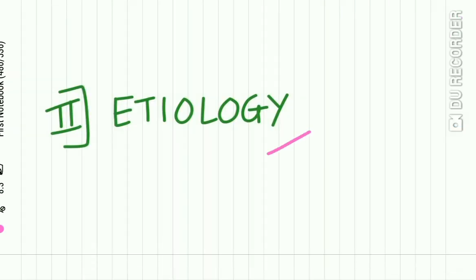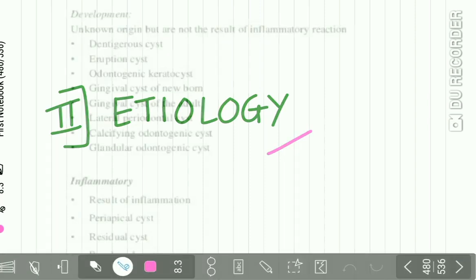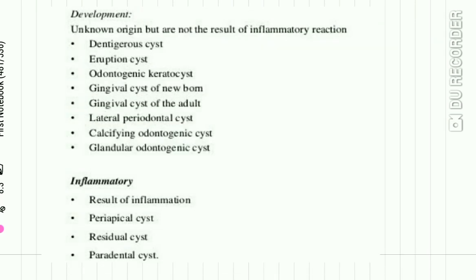Now the second system of classification is based upon the etiology. So depending upon the etiology, the cysts are of two types, developmental and inflammatory. The etiology of the developmental cyst is unknown, but they are not the result of inflammatory reaction.